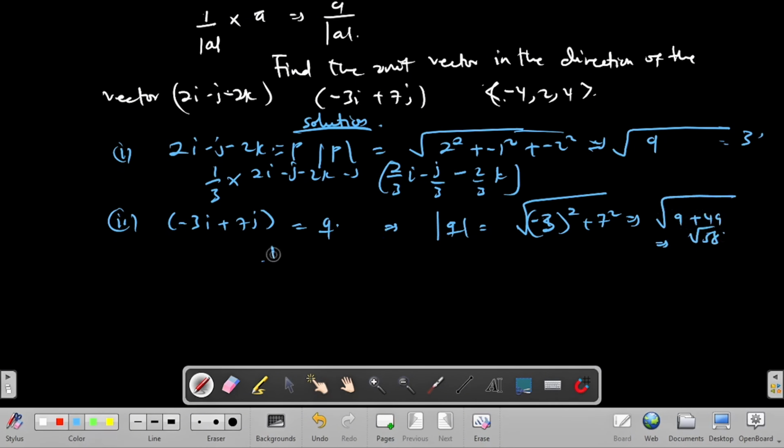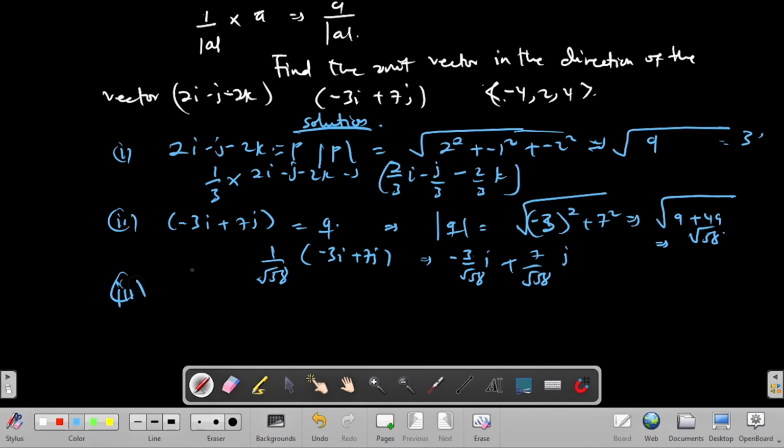So you simply have 1 over the square root of 58 times negative 3i plus 7j. You can go further, but this is enough. Or if you want to expand, negative 3 over the square root of 58 i plus 7 over the square root of 58 j. This is actually good.